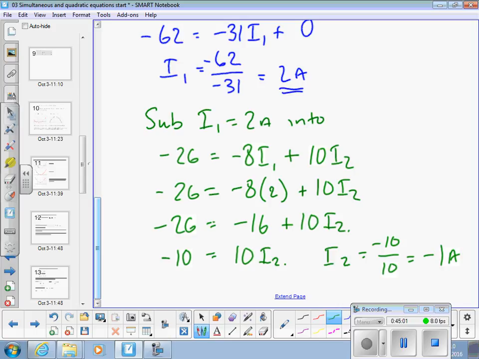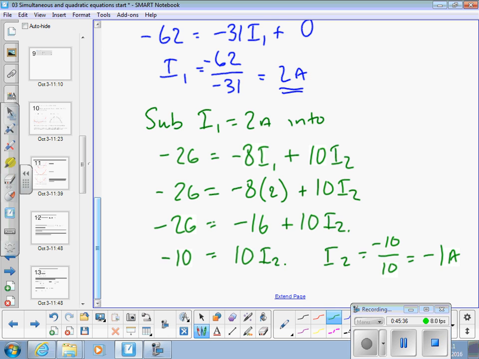Now, that's not that relevant to this module, but it will be when you look at the science and the maths. If you get a negative current, it doesn't mean that your answer's wrong in this type of problem. Because the process of formulating those two equations means you have to pick a direction for your currents and put an arrow on. All a negative current means is that it's flowing against the arrow on the diagram, so the current's actually going in the opposite direction.